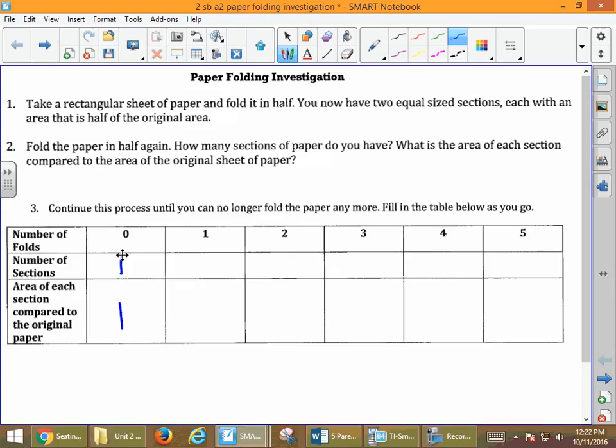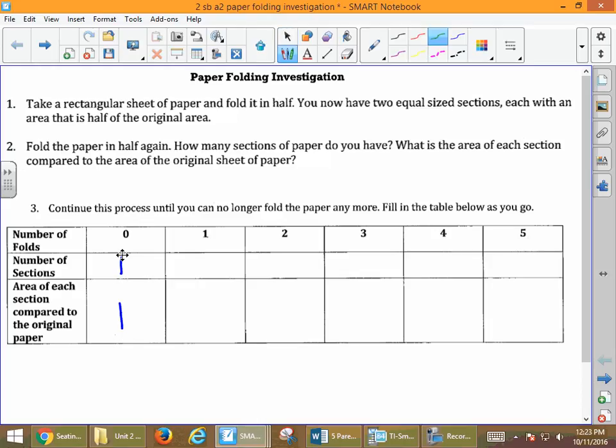But now we can follow the directions. And the directions say, take a regular sheet of paper and fold it in half. You can fold it hot dog style. You can fold it hamburger style. It doesn't make any difference. Now, what we have is two equal sections, each with an area that is half the original area.